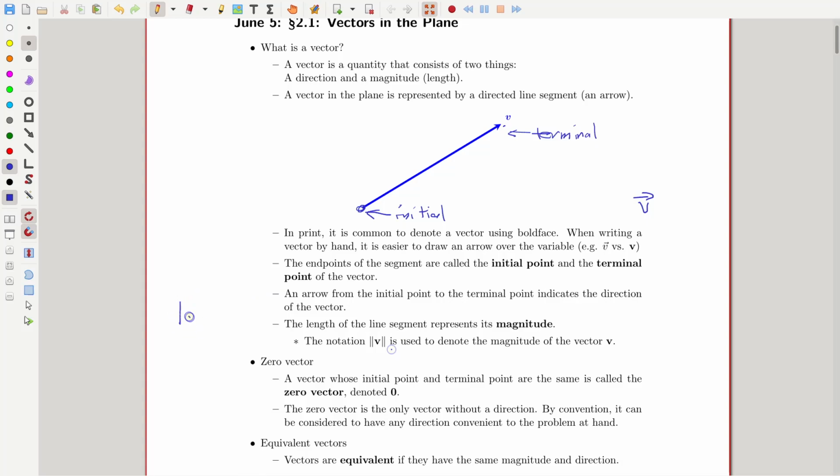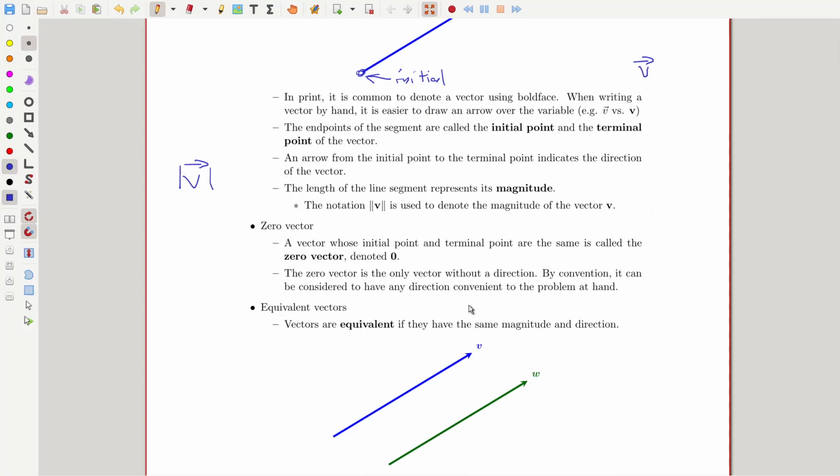Some references might use single absolute value bars instead, because you usually think of absolute value as meaning length: on the number line, it is the distance of the number from 0. In a way, this notation makes sense, but it conflates things a little too much in my opinion. So I will prefer to use the double bars to denote the magnitude of a vector, instead of mixing that idea with absolute value.